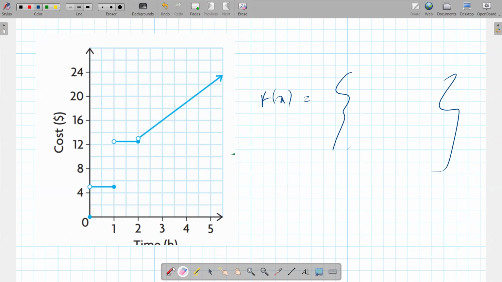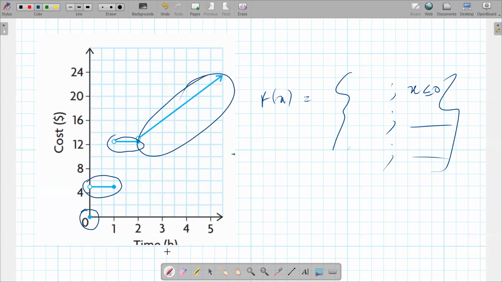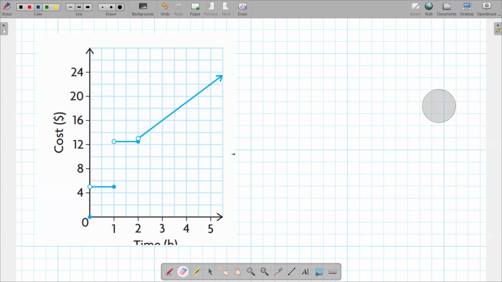It's going to have one equation with its condition. So let's say when x is less than 0. It's going to have a second equation with a second condition, a third equation with a third condition. And it depends on how many parts there are. In this graph, it looks like there's 4 parts. So this piecewise function is going to have 4 different equations, okay? So let's start.